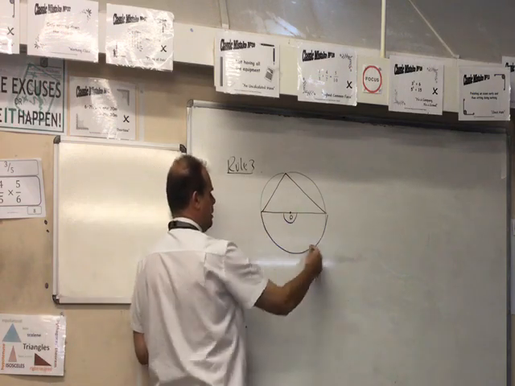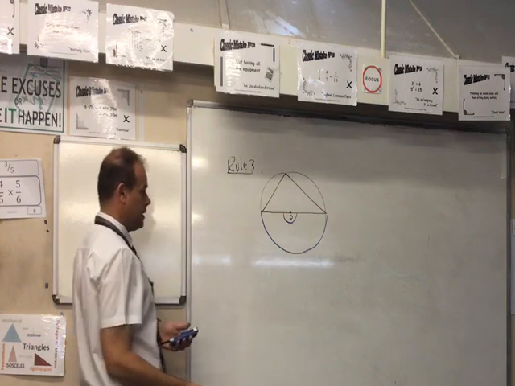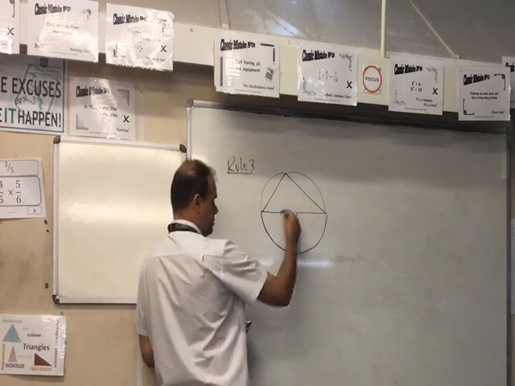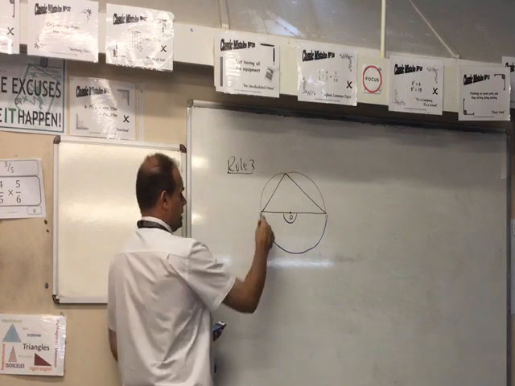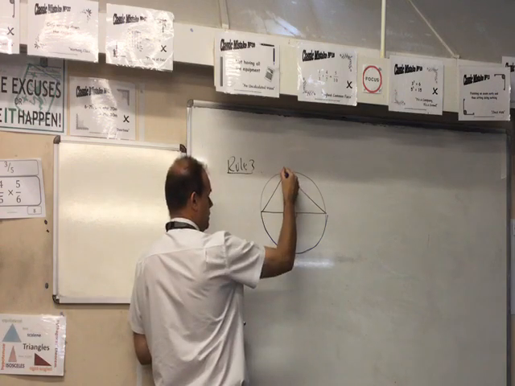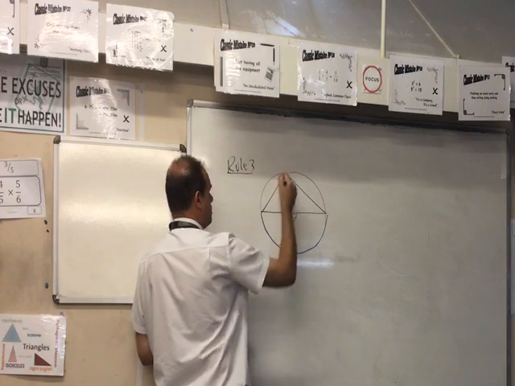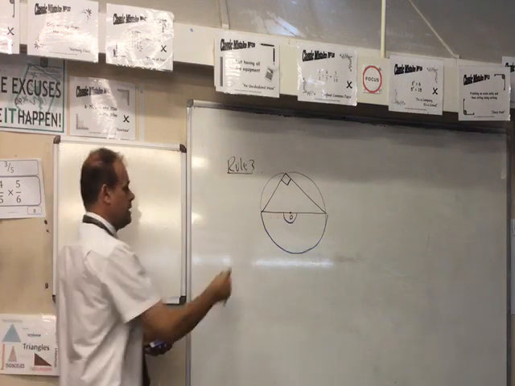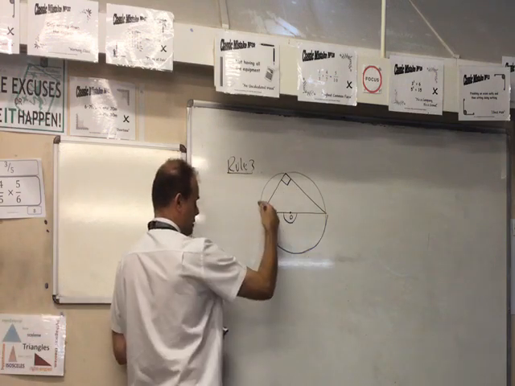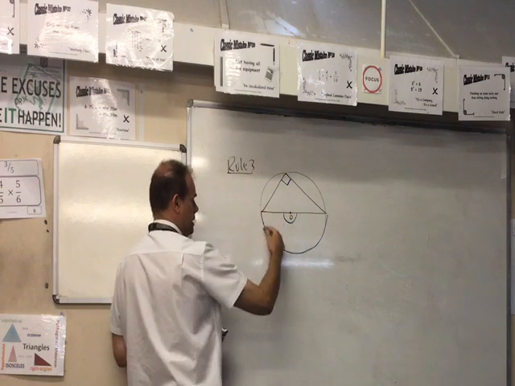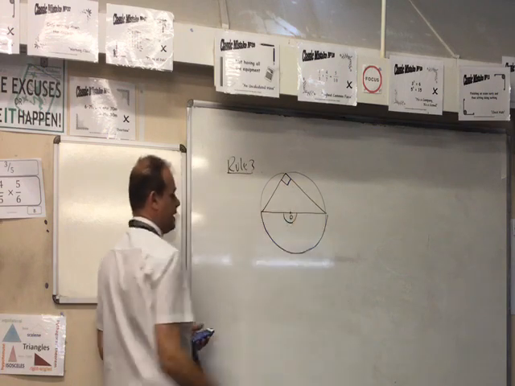So the angle made by that arc at the centre, which you can see there, is 180 degrees because that's on a straight line. But that same arc is also putting this angle at the circumference here. Now we know from rule number 2 before that the angle at the centre, that arc's making 180, is double the angle at the circumference, so that's got to be 90.